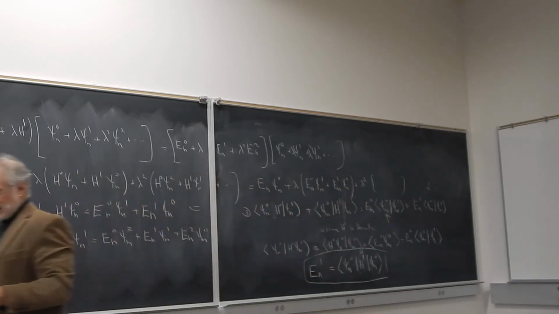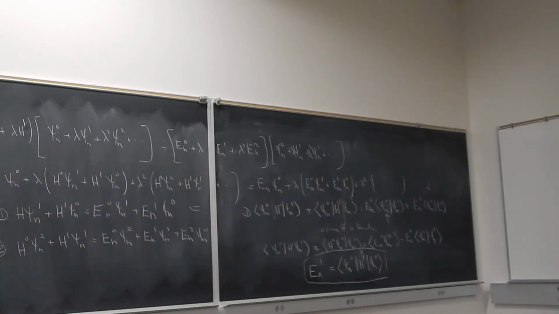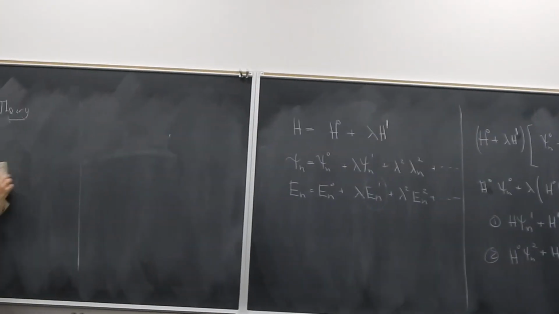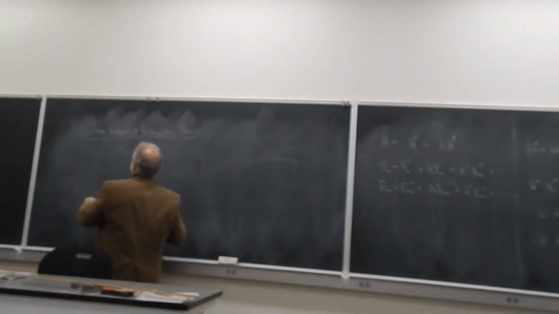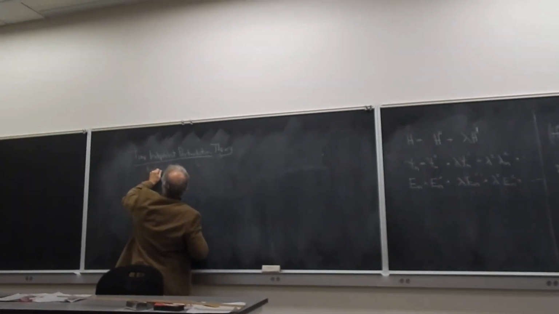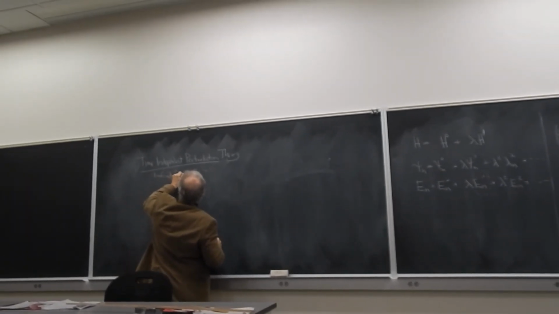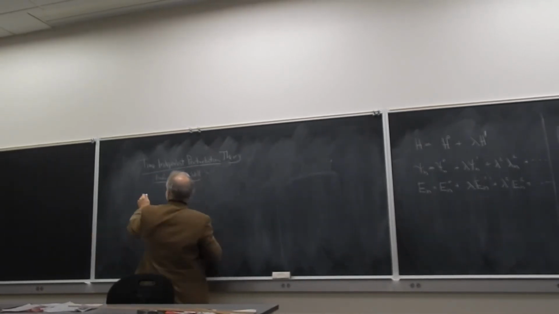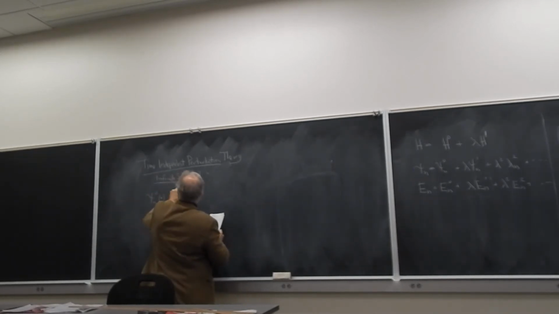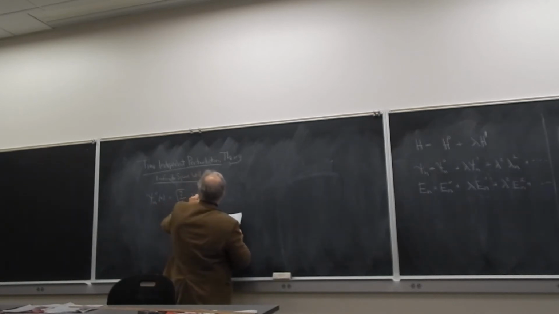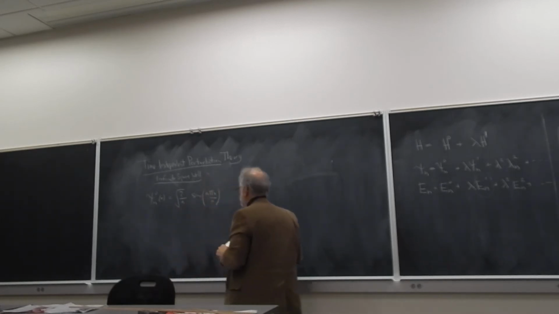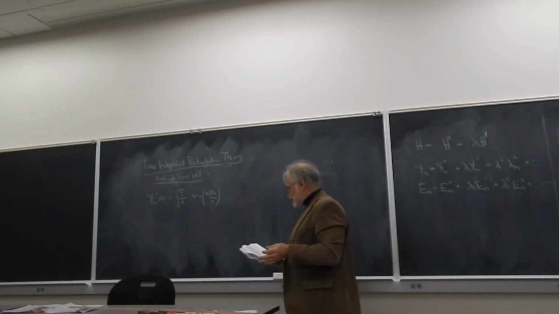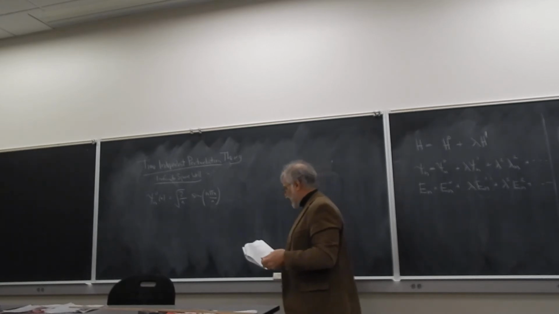Let's apply it to the infinite square well. So we know that the unperturbed eigenfunction, particle in a box, is the sine of n pi x over a. Let's say we raise the floor of the well by some constant V naught.